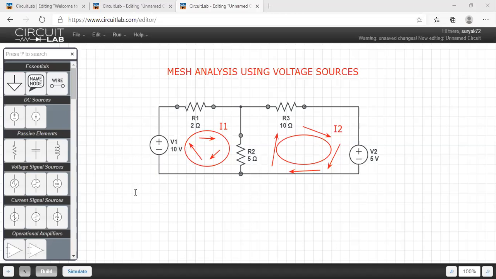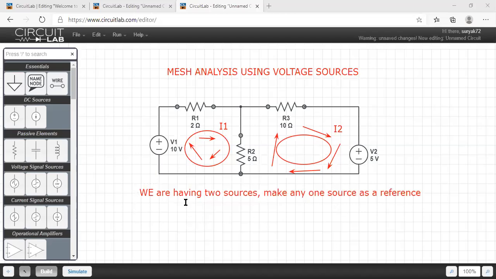In this case, we have two sources, so make any one source as a reference.